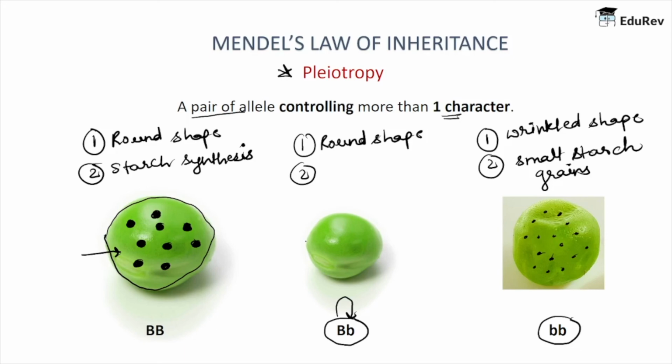You see that the starch grain is a bit smaller as compared to the dominant one. So we can say that this is an intermediate condition. And since it is an intermediate condition, what type of starch grain will be there inside it? Will it be bigger or smaller? It won't be bigger, it won't be smaller, it will be intermediate.